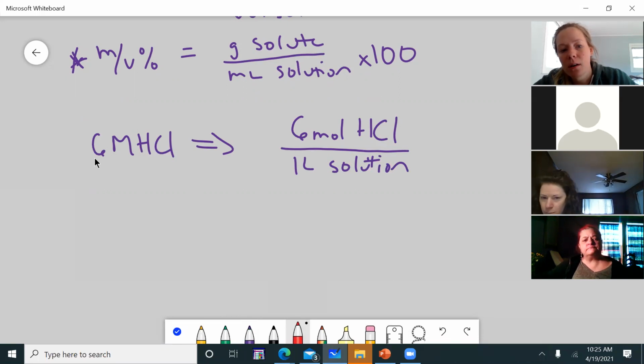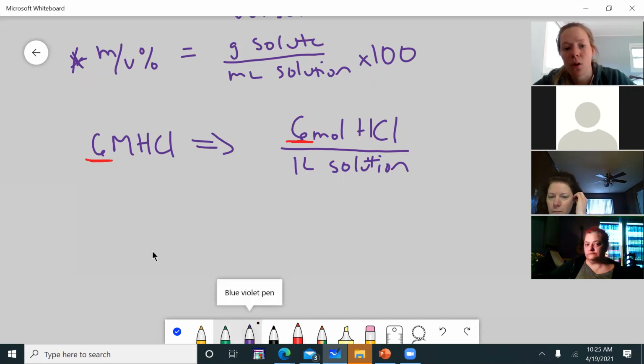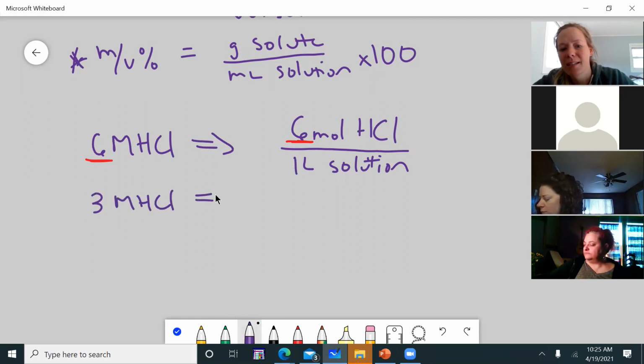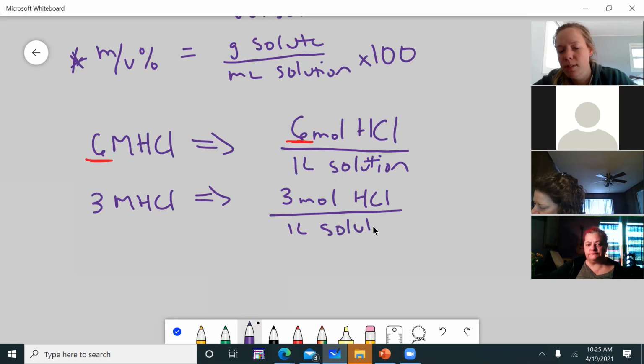If you're converting it into a dimensional analysis conversion factor, the number 6 goes on the top. It's always a per liter. The 1 will go on the bottom. So let's say we had a 3 molar HCl solution. That is half as concentrated. That means you're going to get 3 moles of HCl in every 1 liter of solution. So you're always comparing it to a liter.